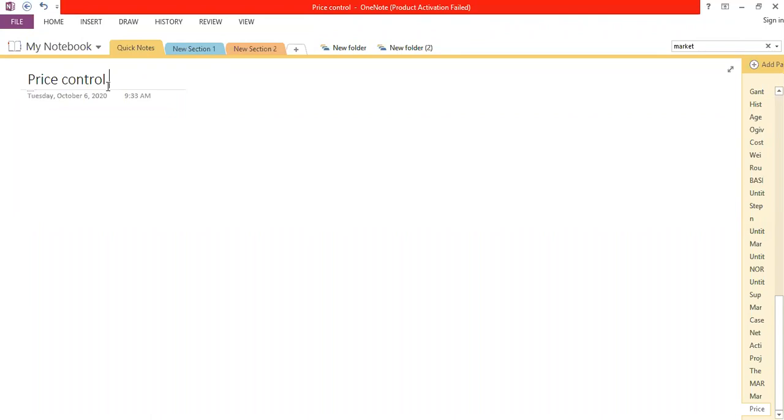So price control is the government's intervention into setting the price of a commodity in the market through the regulations already defined in the country. And of course, it's not for all the commodities that the price will be regulated by the government.